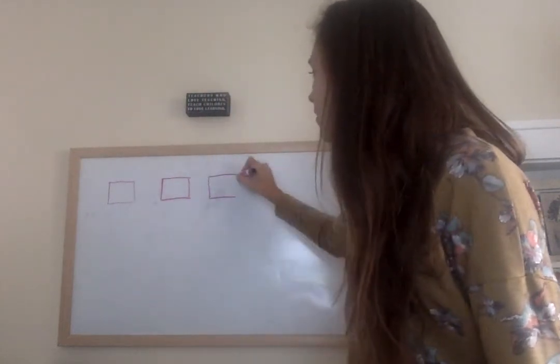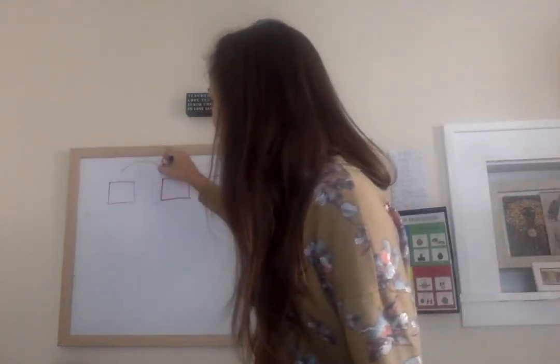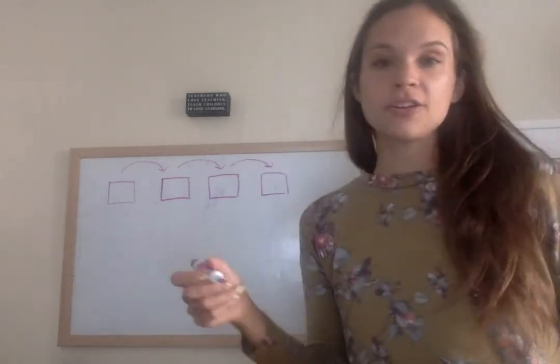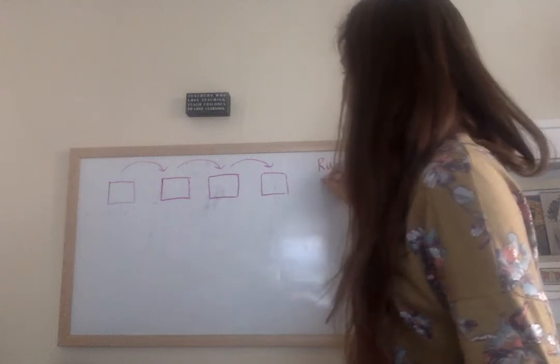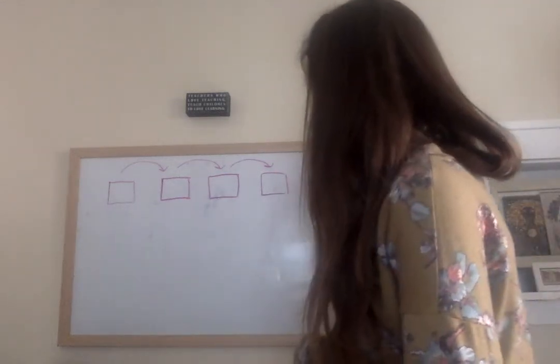I could have my frames, and usually the arrows go this way, right? And I could have my rule box, and maybe my rule is -1.